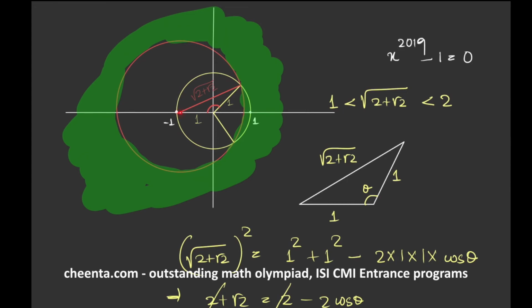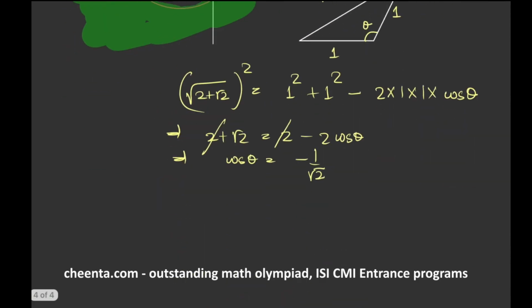So that means this particular radius will be less than 2 and hence inside this, and since this is greater than 1, it will be to the right of the y-axis, and hence this particular angle will actually be greater than 90 but less than 180. So we concluded that our theta has to lie between 90 and 180.